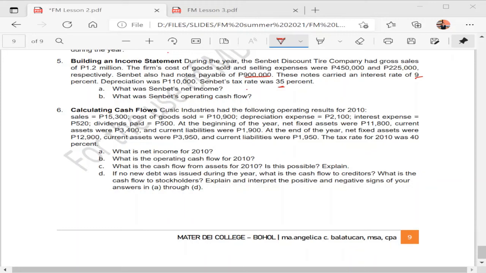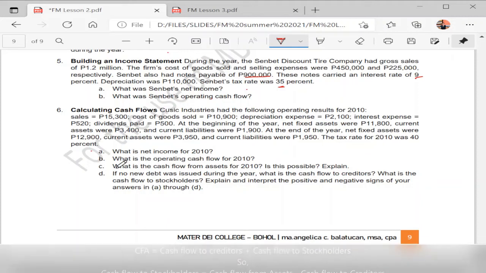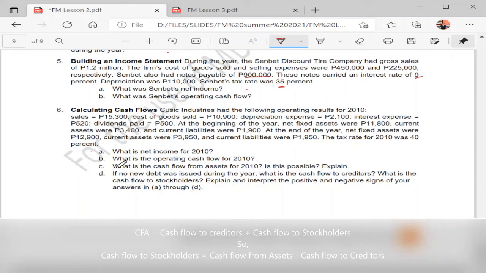Then, what is the cash flow to stockholders? Okay, what is our CFS here? Remember, how can we get the CFA? If you can recall, how do we compute CFA? That's the sum of CFC and CFS, right?